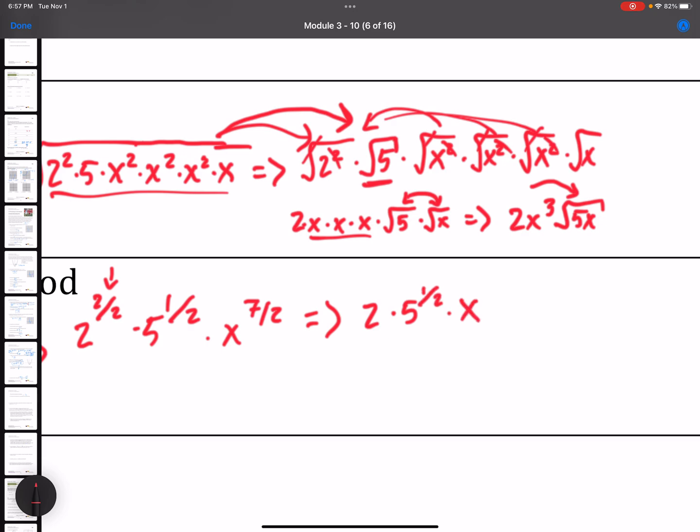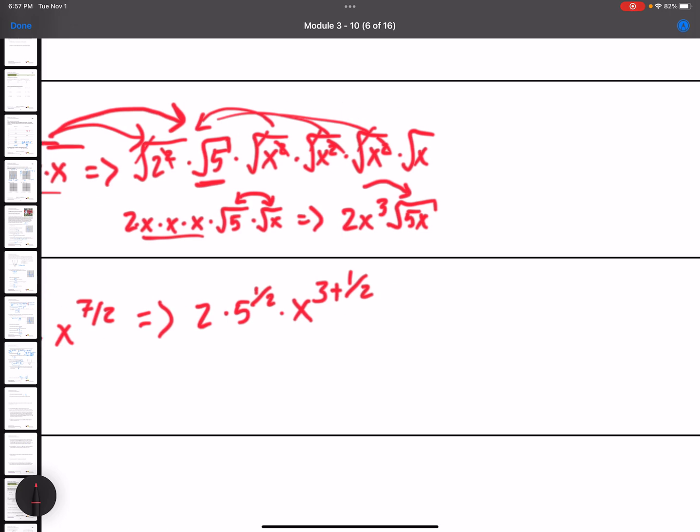But now we've got 7 halves, so we need to separate that out as a mixed number, which should be 3 plus 1/2. Then we can separate that out further. If exponents are being added, that means we can multiply their bases. So we've got x to the 3rd times x to the 1/2.